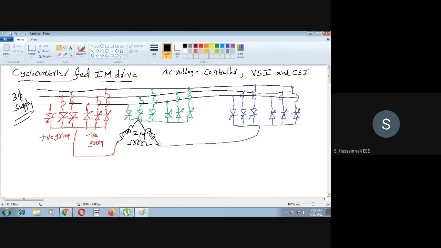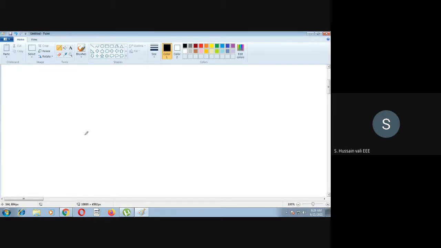Okay, then we'll draw the block diagram. So now you see here.